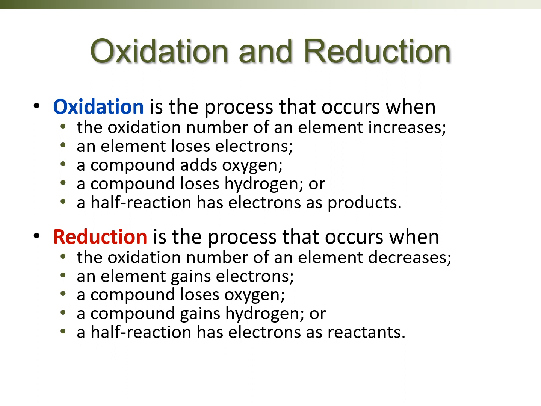So just to refresh, oxidation is a process when we see the oxidation number of an element increase. This is when the element is losing electrons. Typically what's happening is that the compound is gaining oxygen. It might be losing hydrogen. And the electrons are going to show up as products.